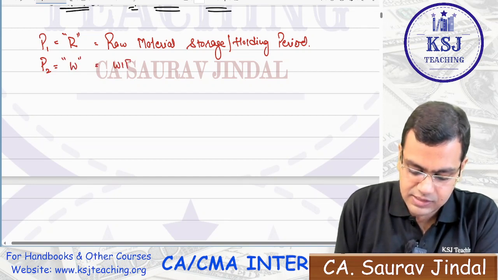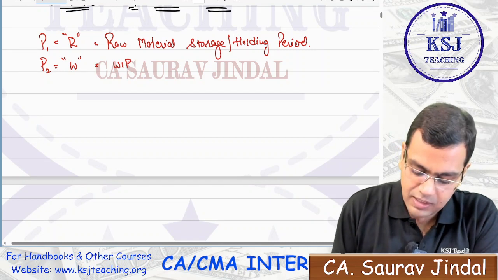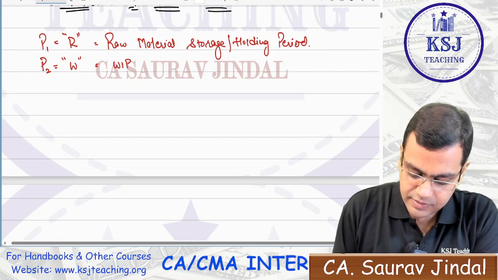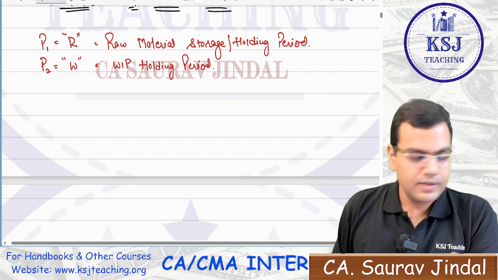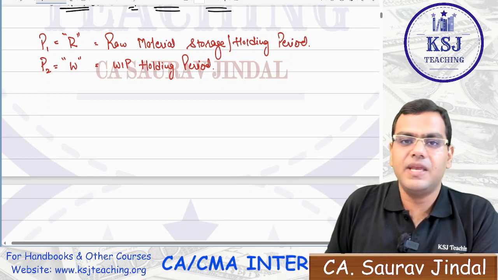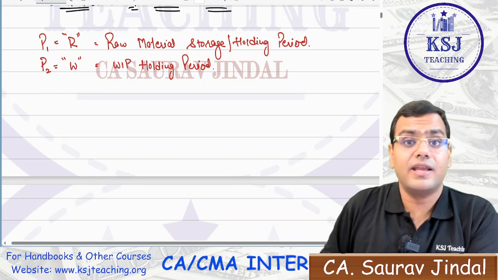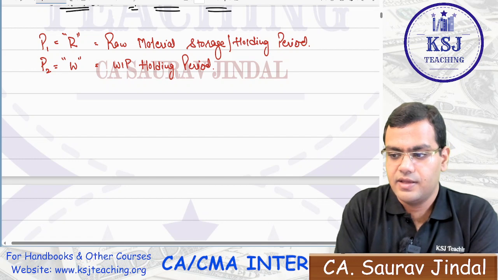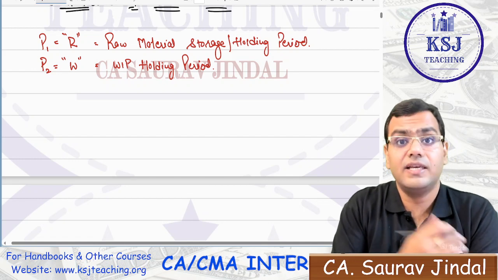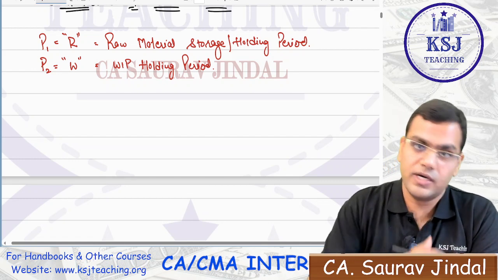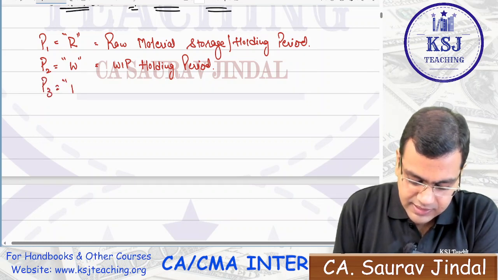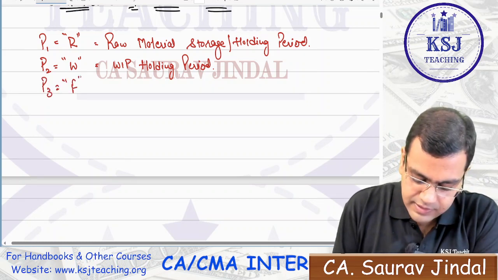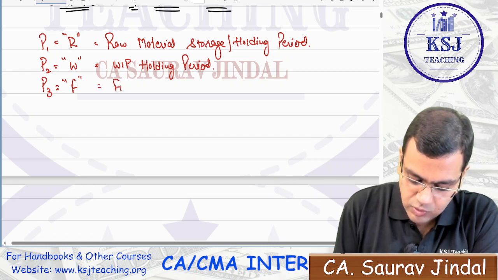W is represented by the WIP holding period. This is the WIP holding period, right? That is the period for which the goods are in the process of making. The raw material is in the process of being converted into finished product. Now P3 represents F, that is the finished goods holding period.